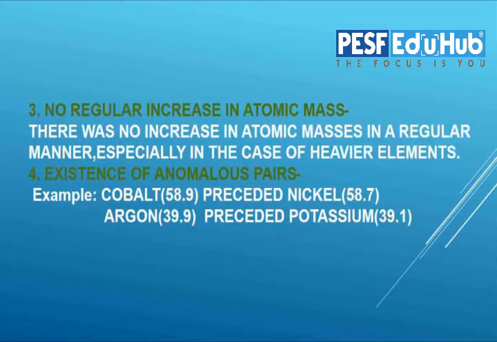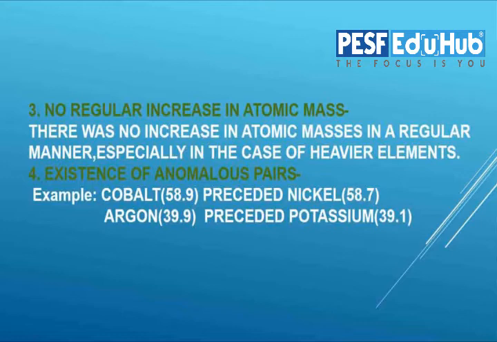The third limitation was that there was no regular increase in atomic mass. As we examine the periodic table, especially in the case of heavier elements, there was no regular increase in atomic mass from one element to another.